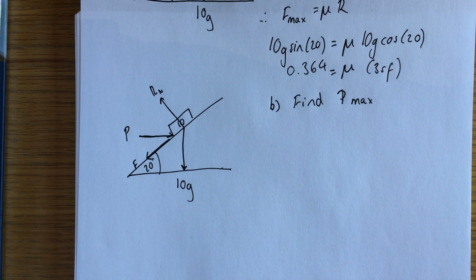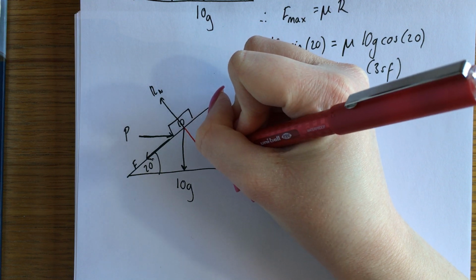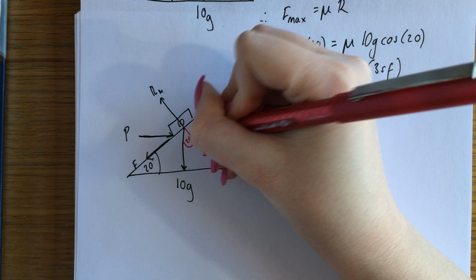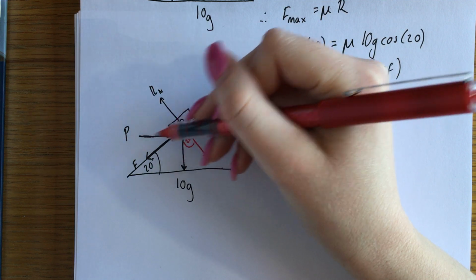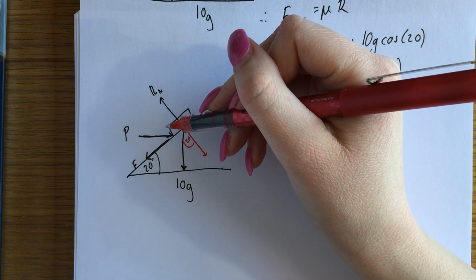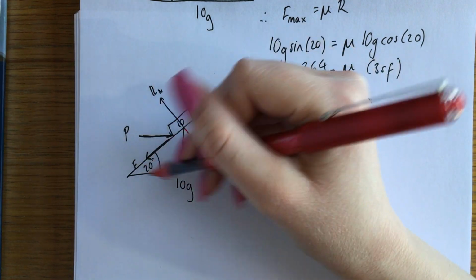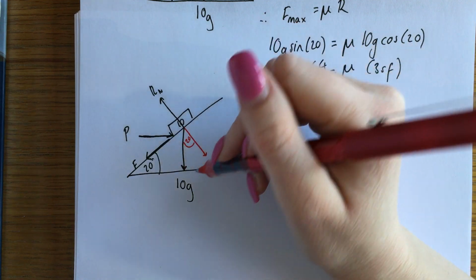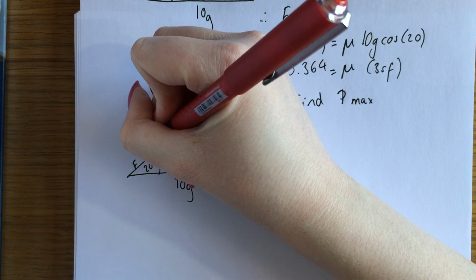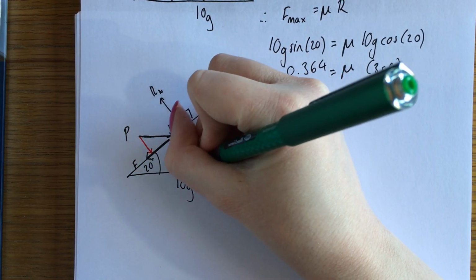So I've got to resolve parallel and perpendicular to the plane. And that includes this force P, because at the moment this force P isn't parallel or perpendicular, it's acting horizontally, okay? So it's acting actually parallel to the ground, but we need it to be relative to the plane we're using. So we do need to resolve this as well.